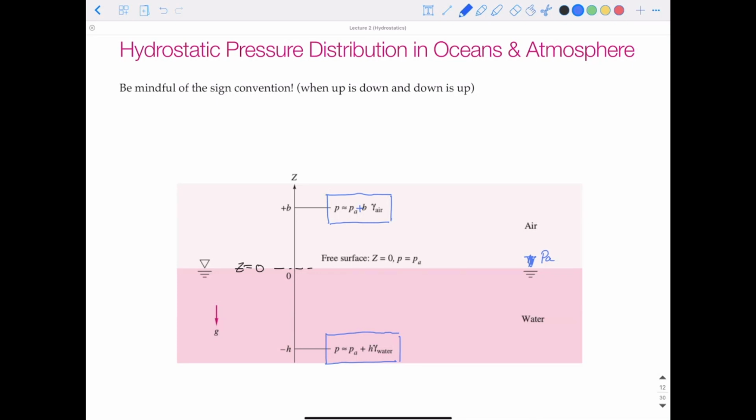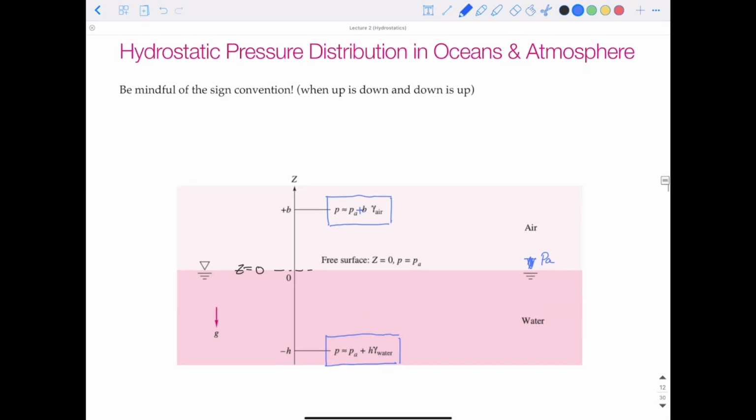In the deepest part of the ocean, maybe the Marianas Trench, kilometers down, gravity might be different, but that doesn't really have an effect on the specific weight or the density of the fluid. It would still be quite minimal, maybe 1% or 2%. A much larger effect would actually be the temperature. Even though the fluid is incompressible, that just means its density doesn't change too much with pressure, but it does change significantly with temperature.